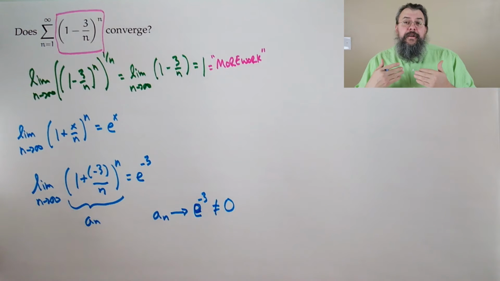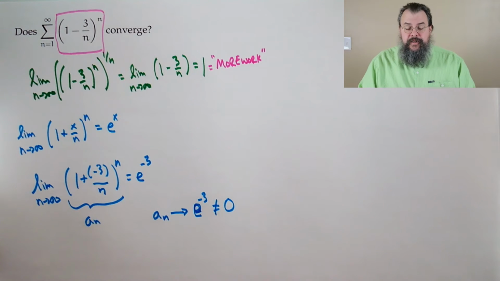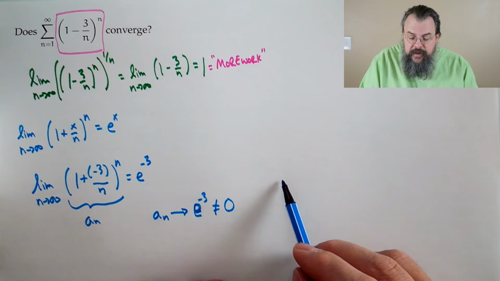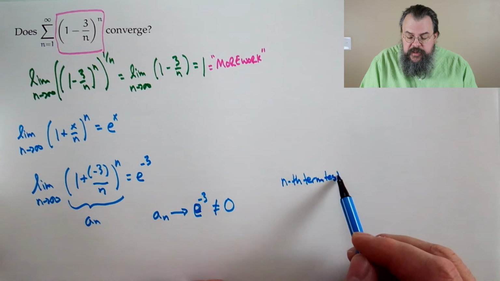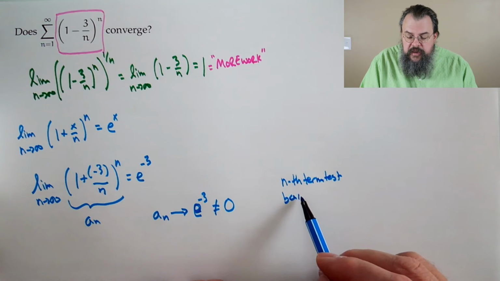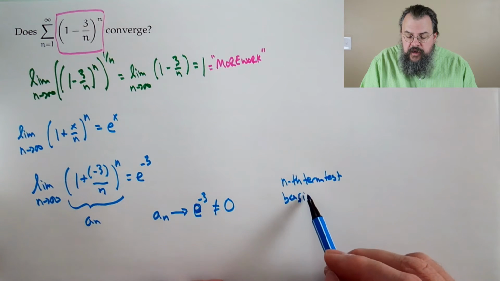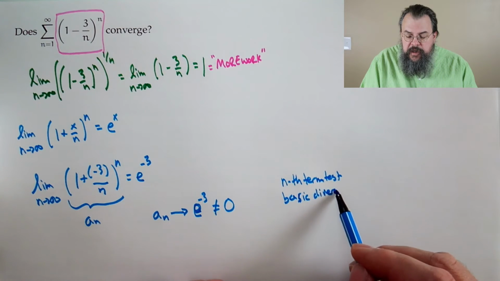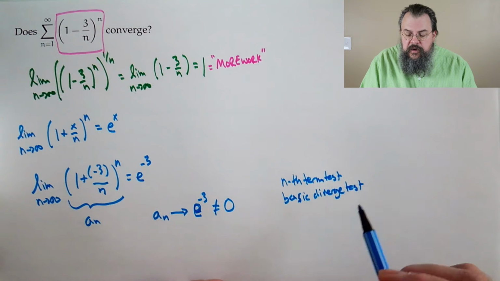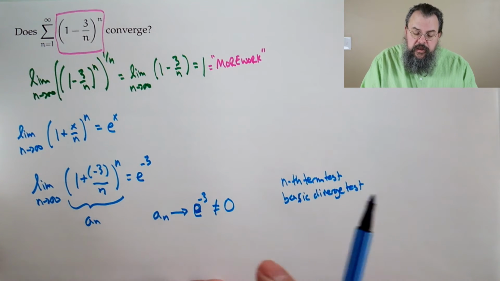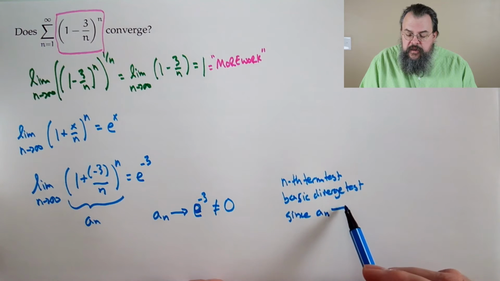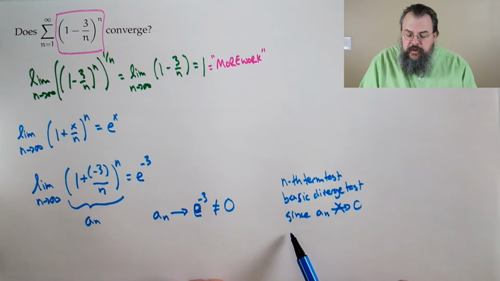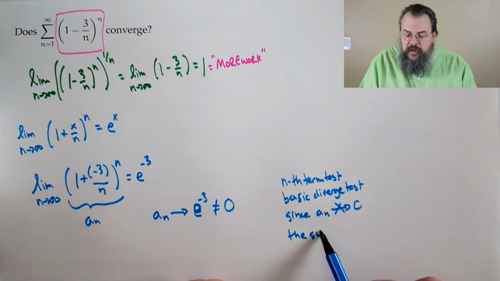But we don't care, because what test is being applied here? This is, you might call it, the nth term test. You might also call it the basic divergence test. But what it says is, oh, look, your terms aren't going to 0. We say, since the a sub n does not go to 0, the sum has to diverge.